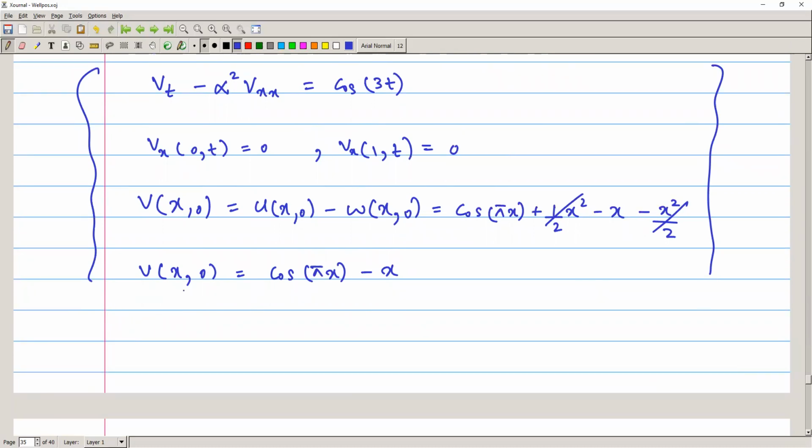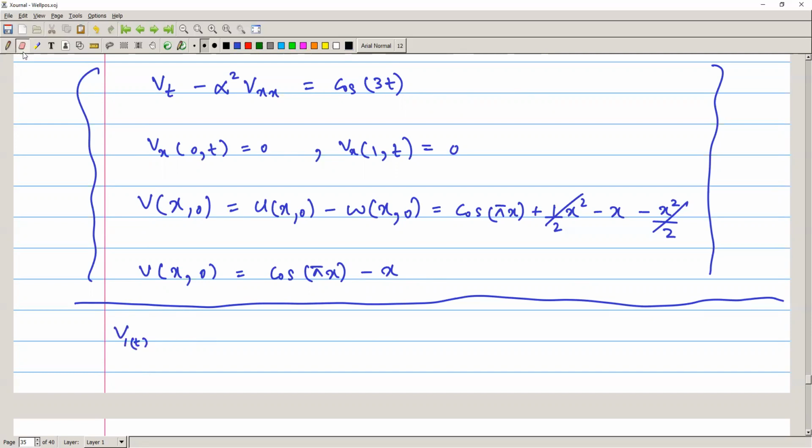First of all we should write that now v(x, t) is equal to v1(x, t) plus v2(x, t).